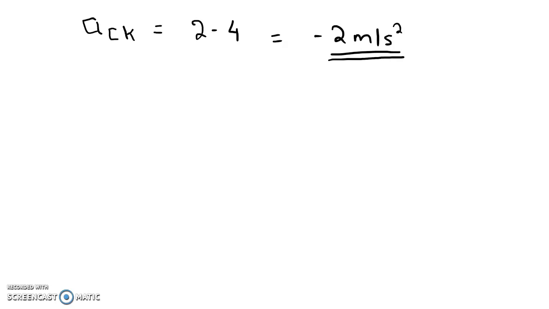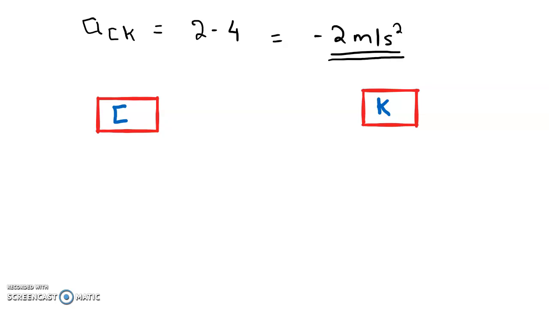I'll give you an idea how it would look. Say this was the car and this was the cart. From the frame of the cart, we are observing the car.